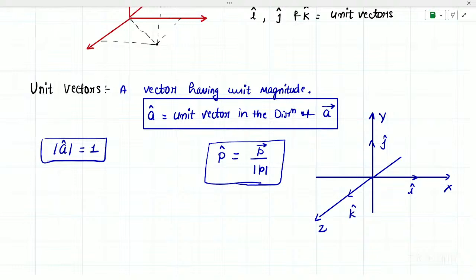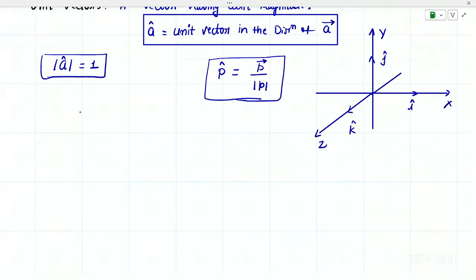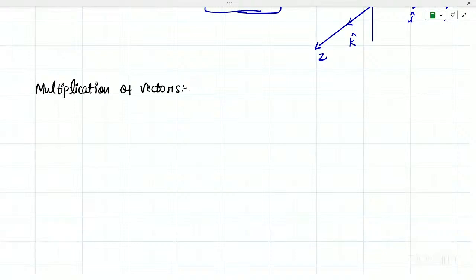Okay. Now, let's come back to the operations on vectors, and the next topic, which is multiplication of vectors. We usually have two types of vector product.